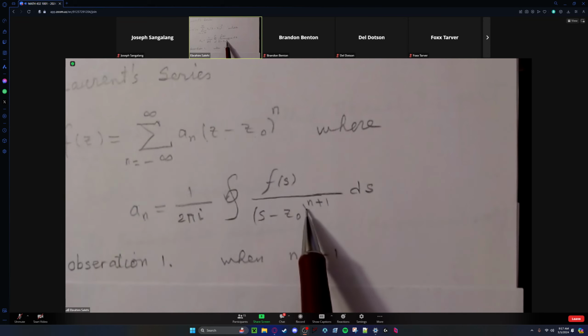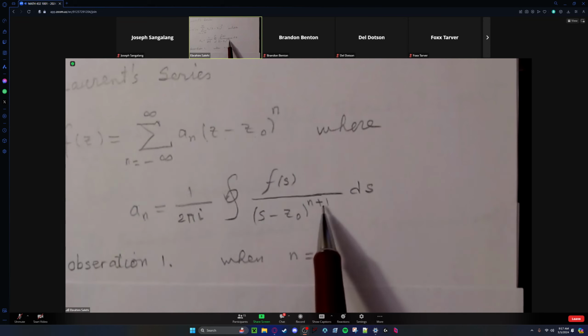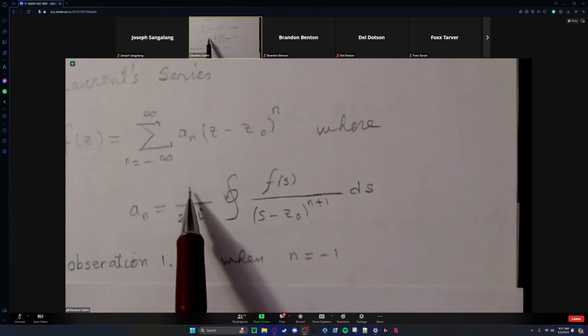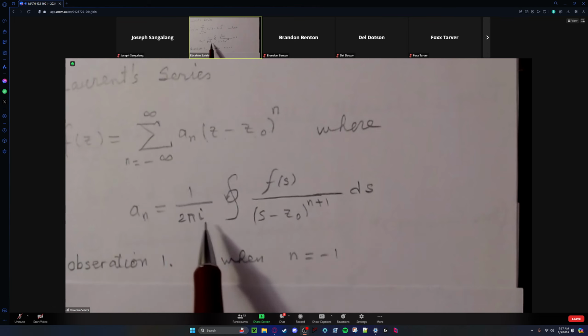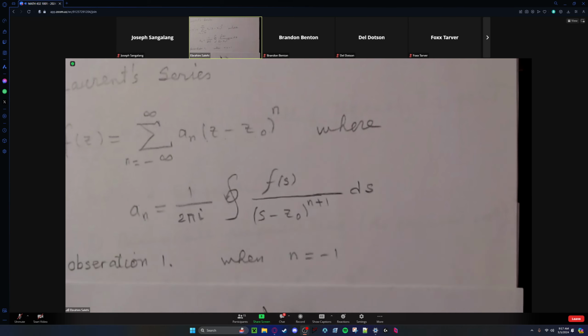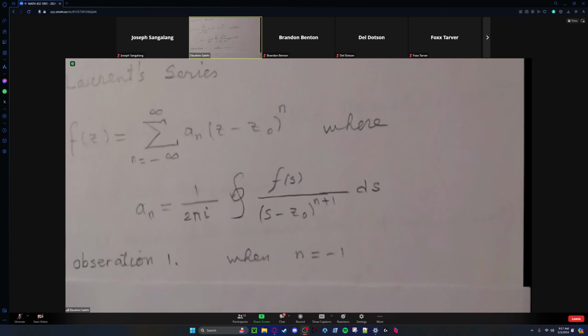When n is -1, a sub -1 will be just 1 over 2 pi i times the integral of f of s ds. And usually in integration theory, we are after that. We want to see what is the integral of f of s ds or f of z dz.